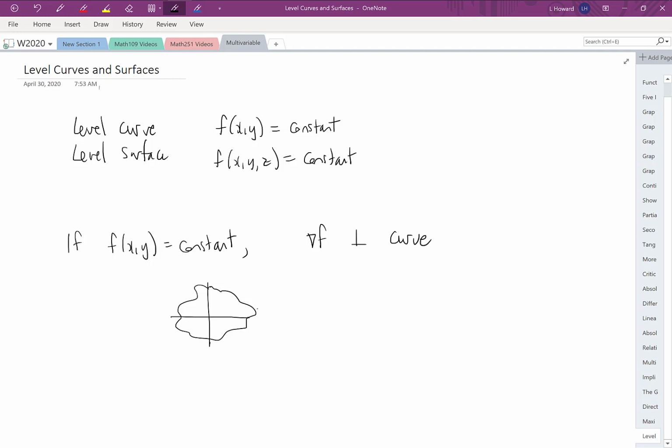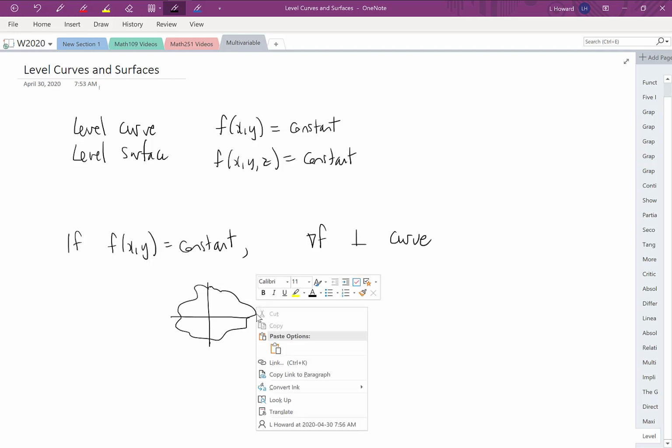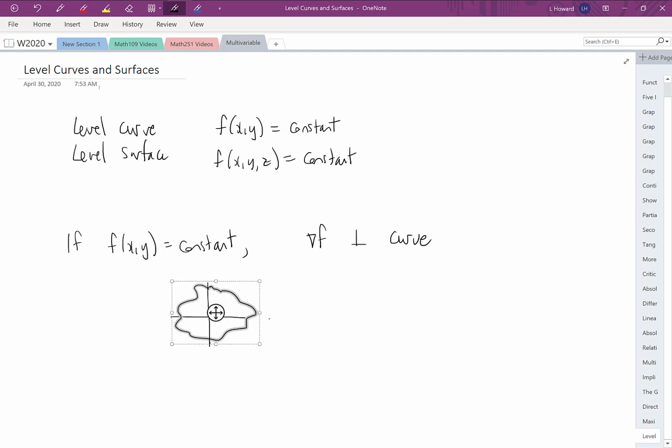At any point on this curve, if you calculate the gradient vector, it's guaranteed to be perpendicular to your curve. When we say perpendicular to the curve, we technically mean perpendicular to the tangent vector at that point on the curve. So the gradient vector gives you the perpendicular direction.